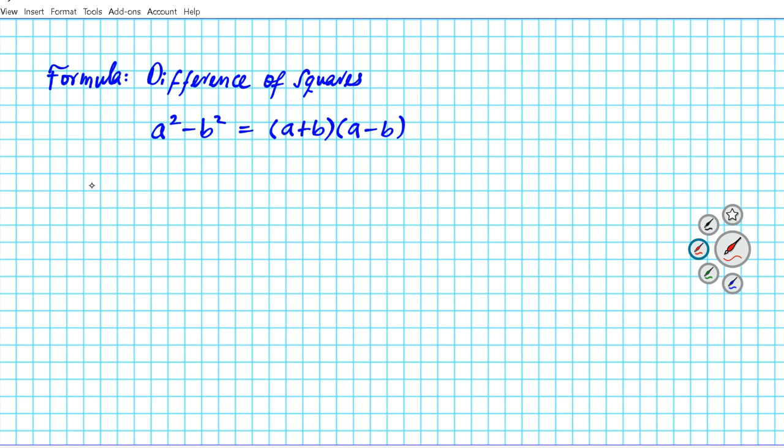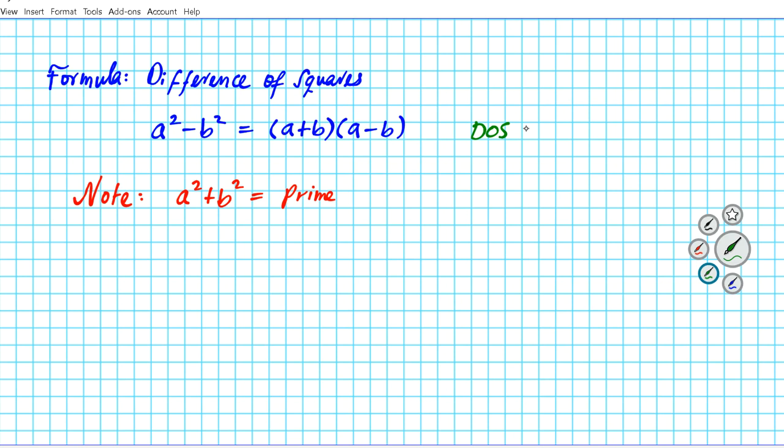Something you want to keep in mind, a common mistake that many students make, is that when you have a sum of squares, it's prime. When it's prime, there's nothing that can be done to it. So for difference of squares, remember the acronym DOS.